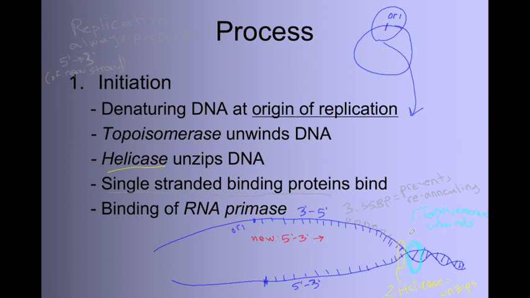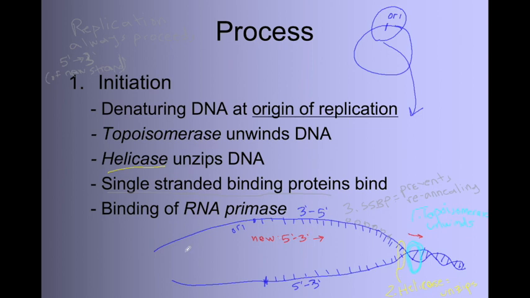This machinery is opening up this double-stranded DNA molecule in this direction. So with this top strand, you can have continuous replication as that double-stranded DNA molecule continues to open. In fact, we call this the leading strand.